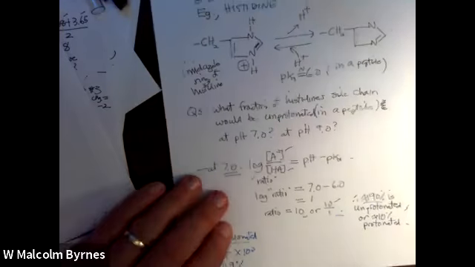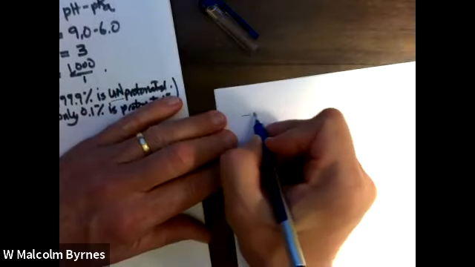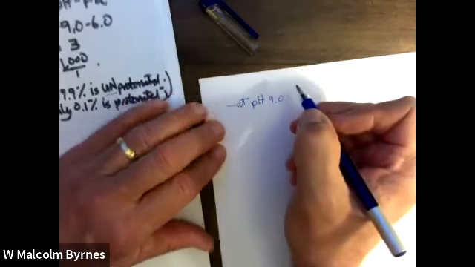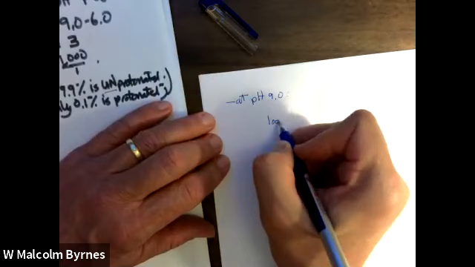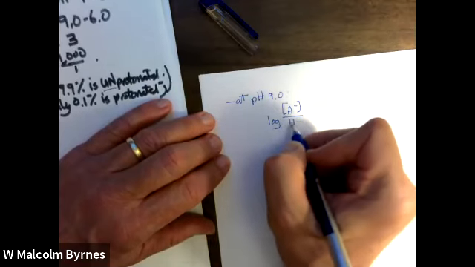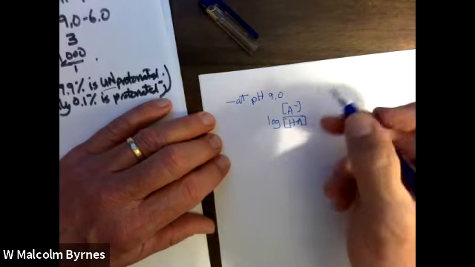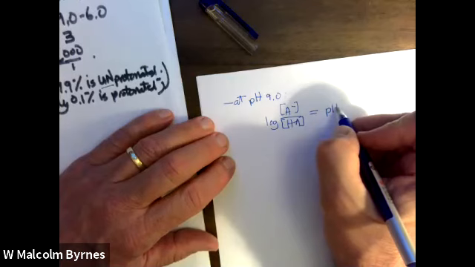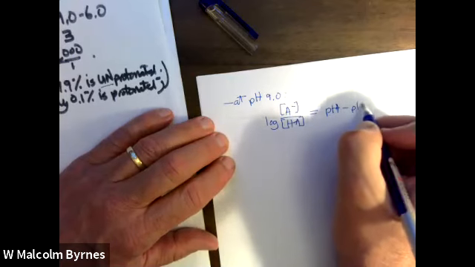And finally, very last calculation, let's calculate at pH 9.0 what percent is ionized. The log of A minus concentration over HA is equal to pH minus pKa.